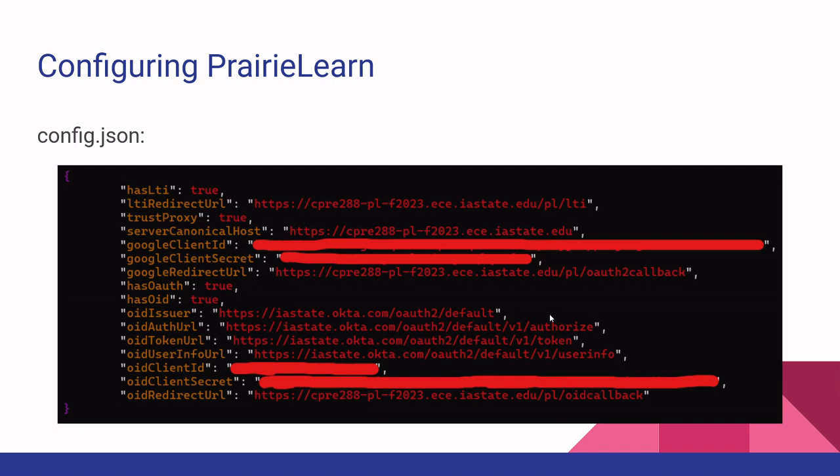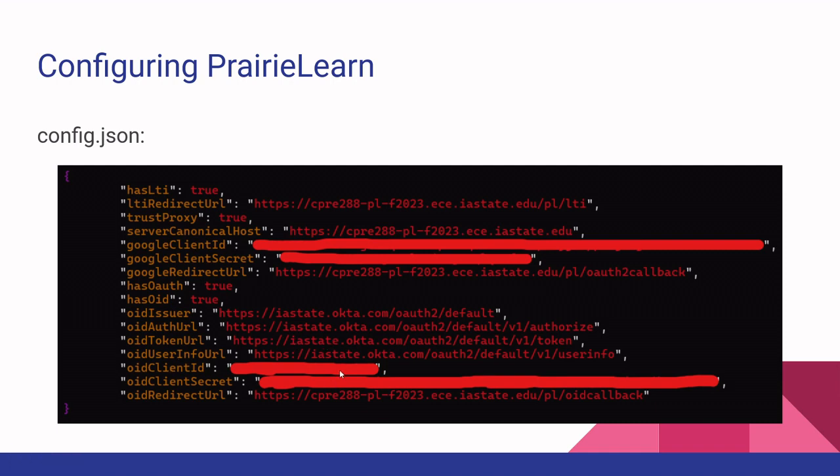So for Okta, it's iastate.okta.com and then oauth2/default. You'll have the v1 authorize, v1 token, and v1 userinfo for those URLs. This will probably change when Iowa State moves to Microsoft.